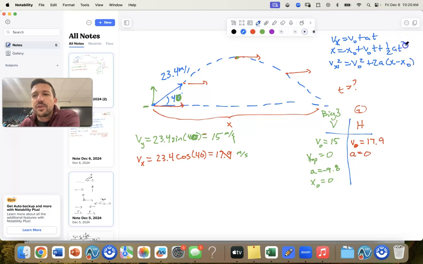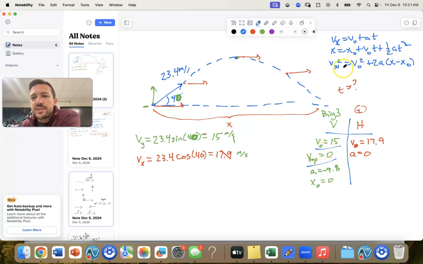Okay, that's everything. Now let's see what will help me figure out how high it goes. I do know the initial velocity, and I do know the final velocity, because right here, I want to figure out how high it goes. The velocity right here vertically is 0.